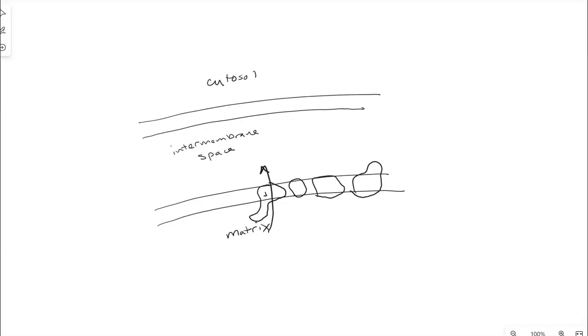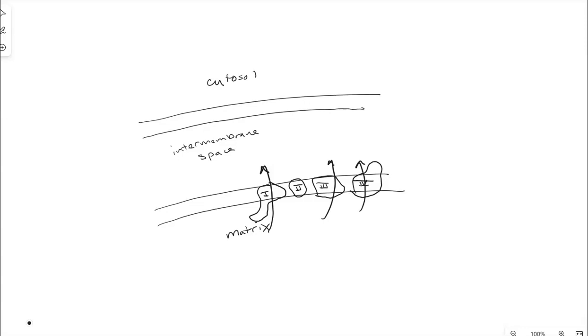So if I label these 1, 2, 3, 4, 2 doesn't participate in pushing protons, just producing ubiquinone. However, 1, 3, and 4 do.